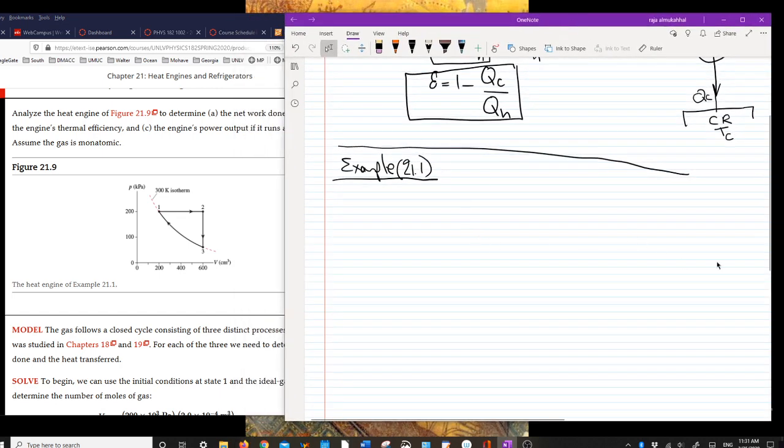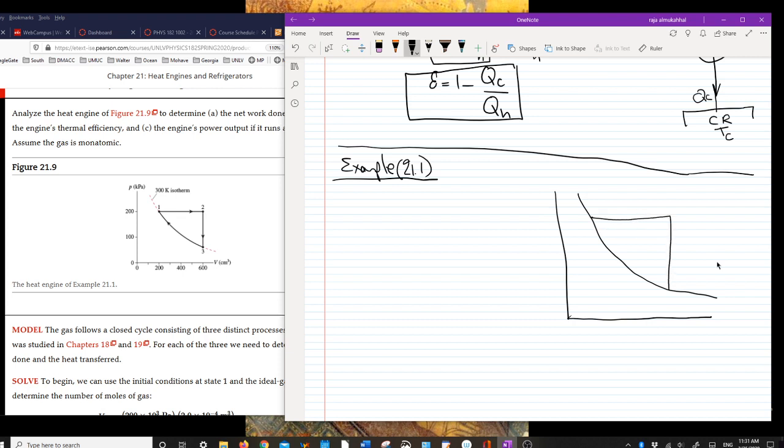Let me make a drawing of this. I can't draw vertical lines with that thing. Anyway, here is the isotherm. I'm going to try my best to make a nice looking isotherm. There we go. It's going from 1 to 2. This is 1 right here, 2, 3.